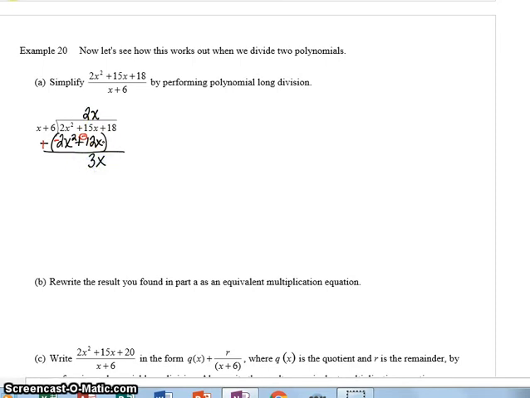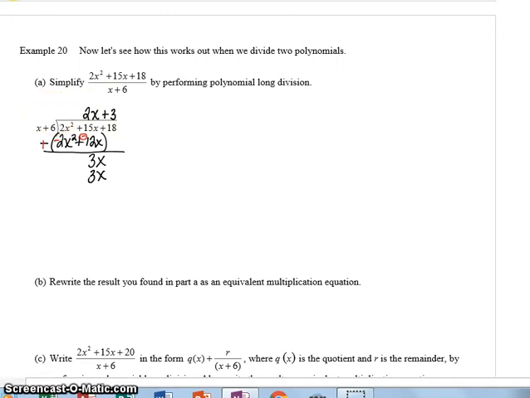Okay? All right. Now, you're going to say, how can I make this x change to a 3x? So x times what gets me to 3x? So, if I take those colors away, I know it's positive 3. Because when I multiply a positive 3 times this x, it'll result in a positive 3x. So I write 3x. But then I also have to multiply this positive 3 times that positive 6.